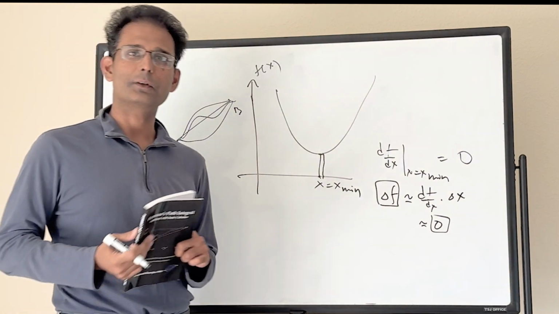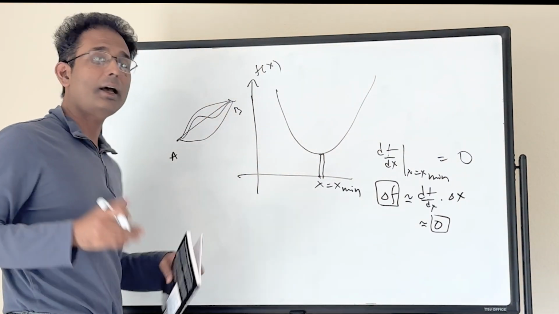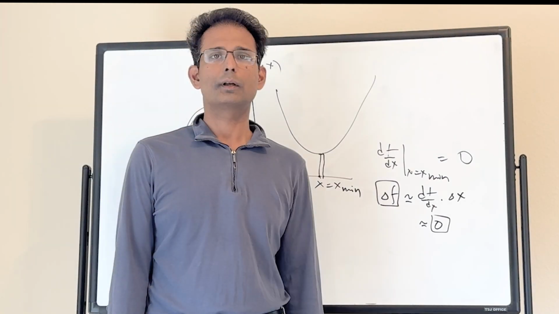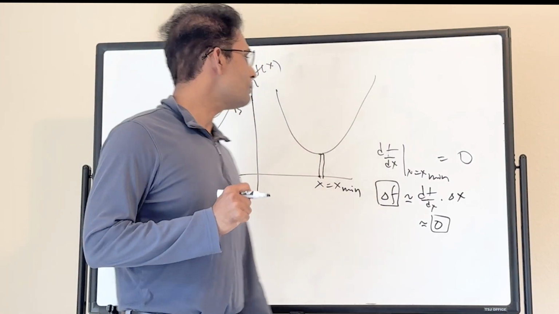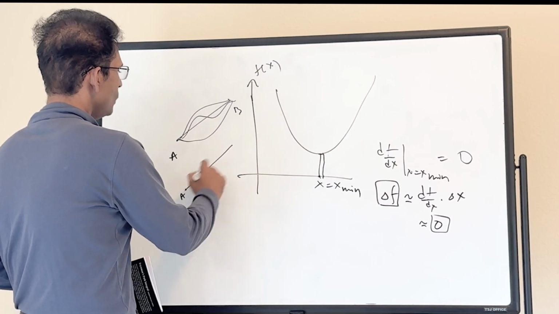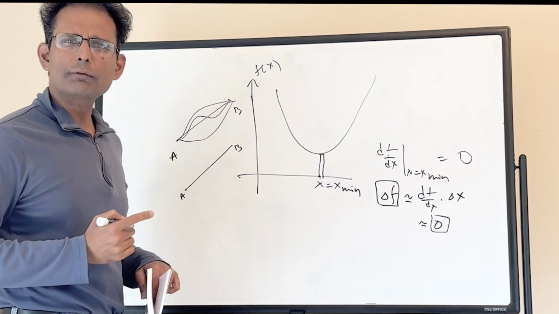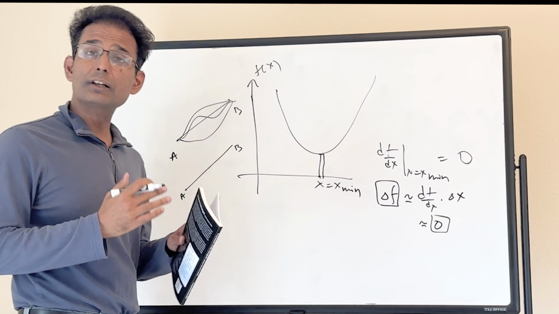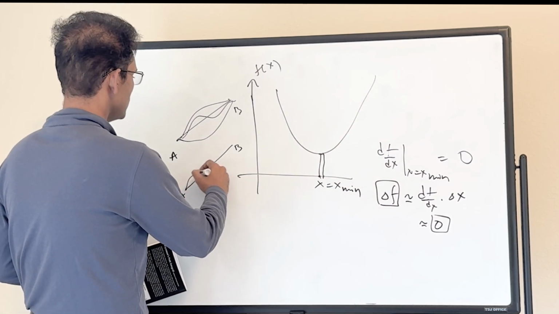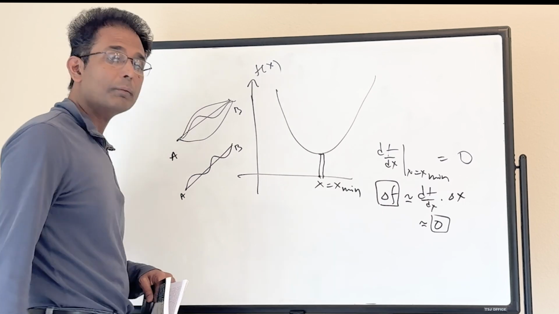How can you prove that the straight line has the shortest length? The way to prove it would be to consider a path which is slightly different from the straight line, which shares the same endpoints but is slightly different, something like this.